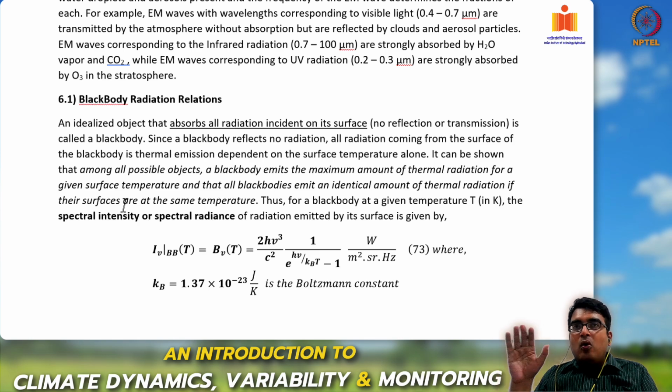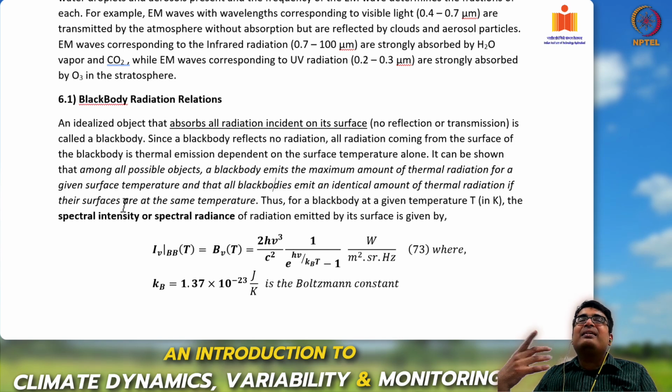Furthermore, all black body surfaces at a given temperature emit the same amount of energy through radiation, and the distribution of that radiation energy in each and every frequency band is identical. So all black bodies behave identically at a given temperature with respect to thermal emissions.